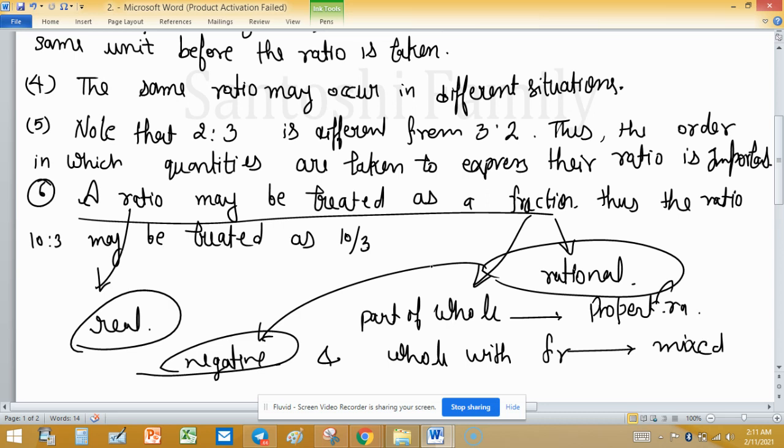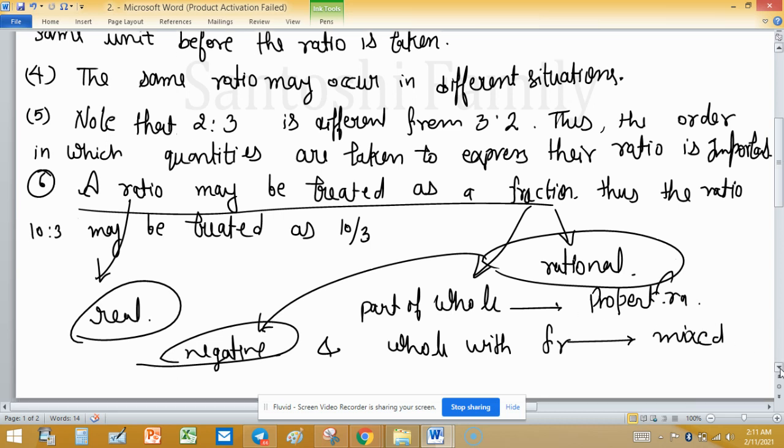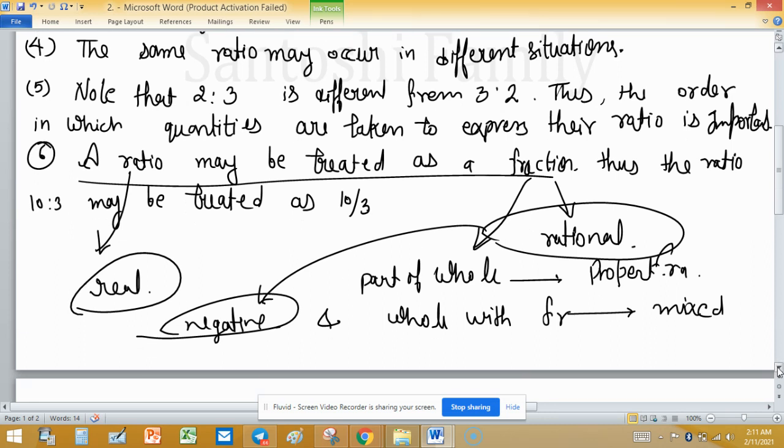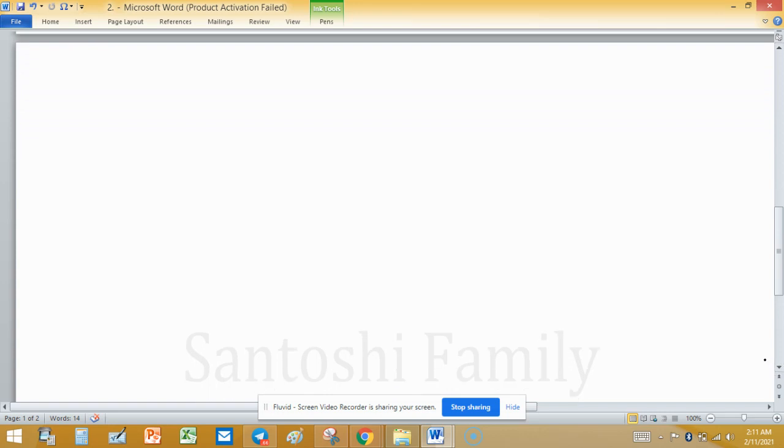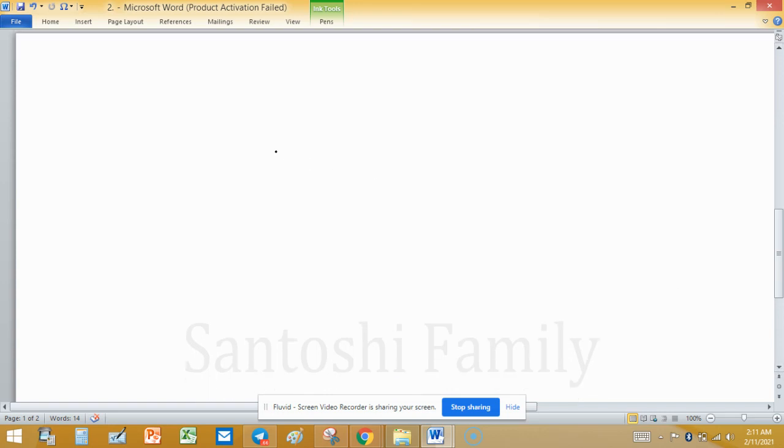So this is important. A ratio may be treated as a fraction but not as a rational. It is very important, and it can be asked in many interviews.